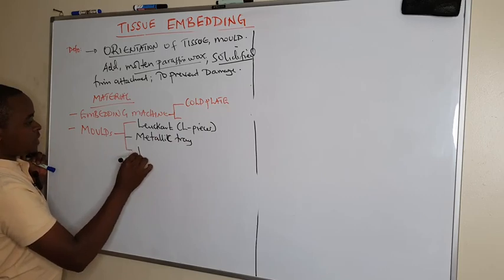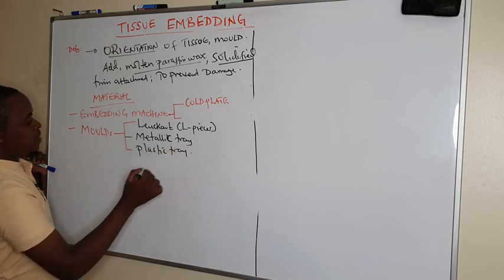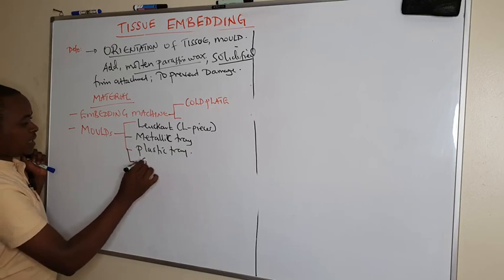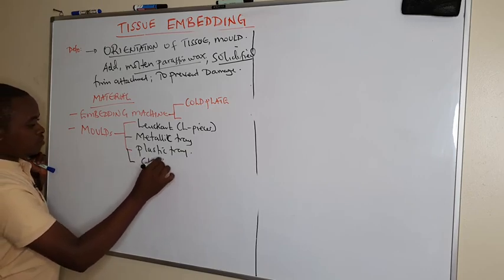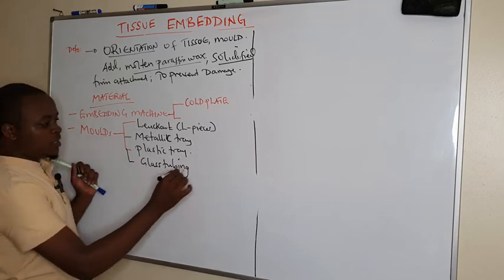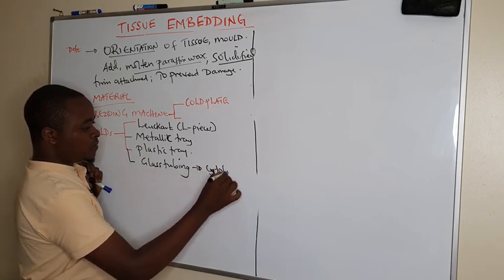Sometimes we can use a plastic tray. Another type of mold which can be used is glass tubing, which is better for cytological specimens.